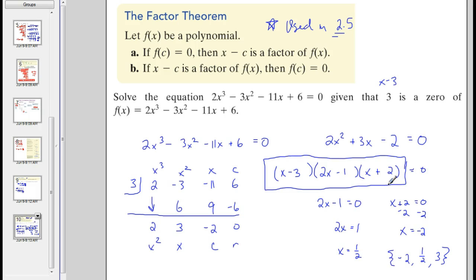Just because a factoring technique doesn't work doesn't mean it's not factorable. The factor theorem will get you a factored form of a polynomial. You just have to know that first zero to get the ball started. Now, what we're going to see as we go through this, there are going to be some times where the factors will have like a square root of 7 in here.